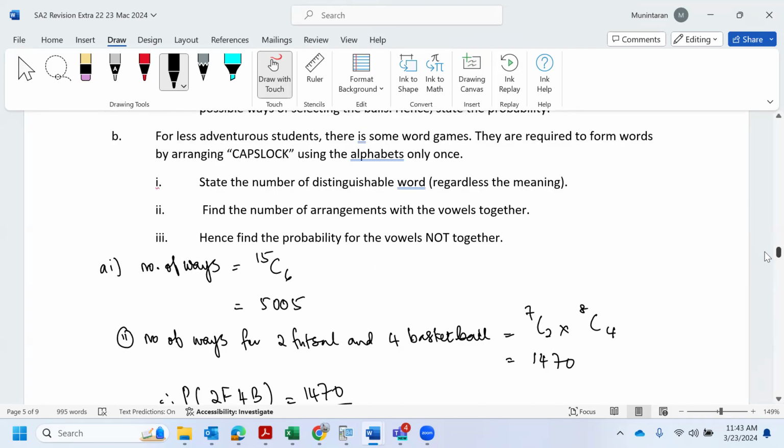Another one for the less adventurous students. There is some word game. They are required to form words by arranging the word CAPS LOCK using the alphabets only. This is similar to the mentor-mentee session question. State the number of distinguishable words regardless of the meaning. Some of course have no meaning. So in CAPS LOCK, you have 1, 2, 3, 4, 5, 6, 7, 8 alphabets.